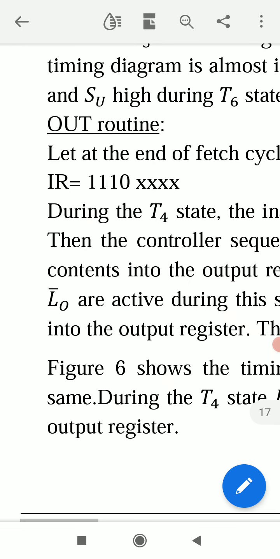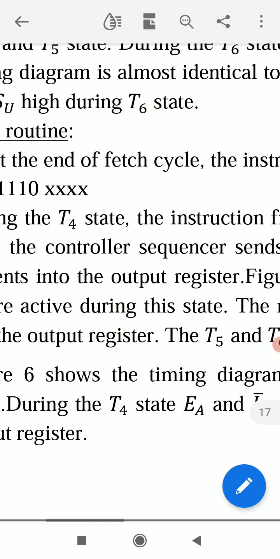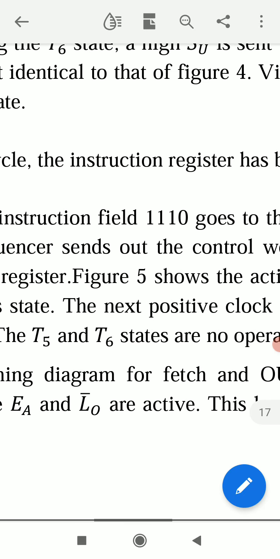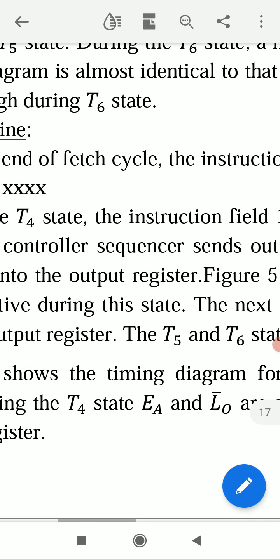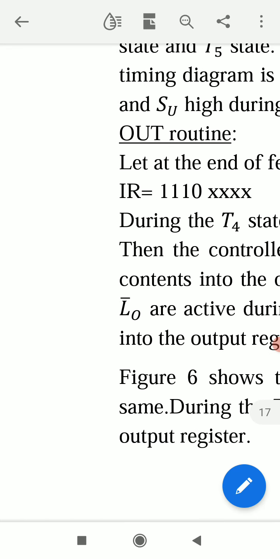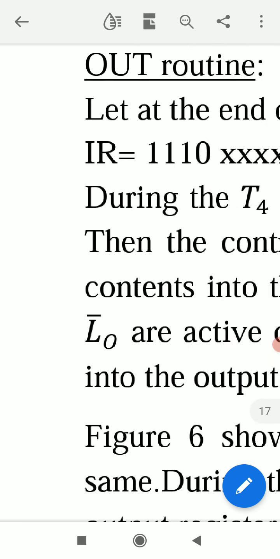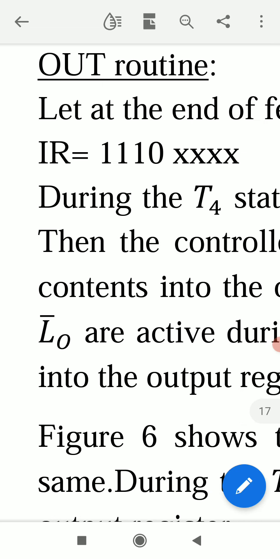Next is out routine. Let at the end of phase cycle the instruction register has been loaded with out. IR equal to 1110 XXXX.